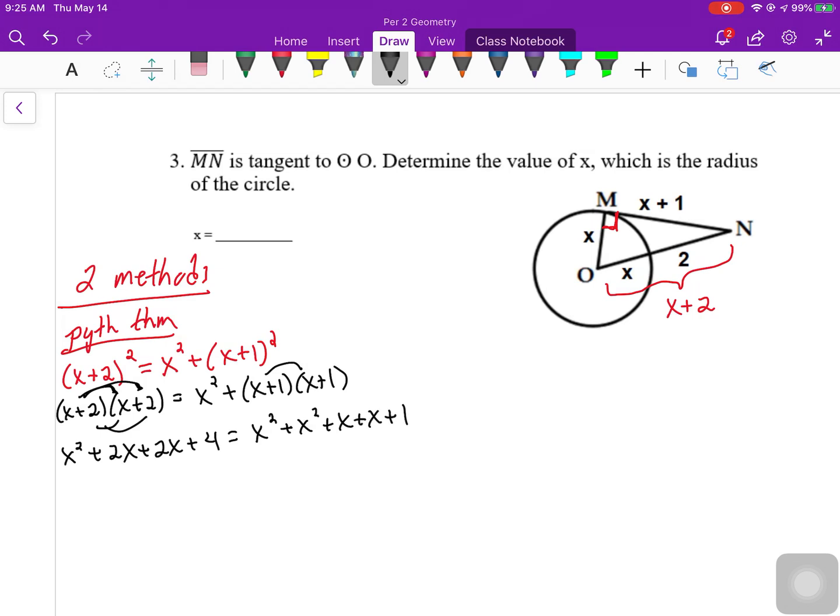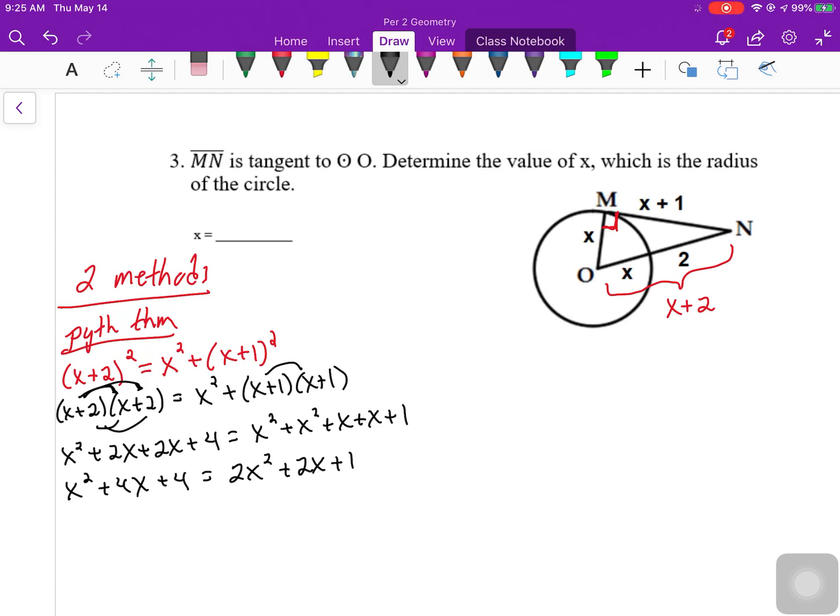On the right side, I have an x squared, I have a plus x, another plus x, and a plus 1. Combining all the like terms, I have x squared plus 4x plus 4 on the left, and on the right I have 2x squared plus 2x plus 1.